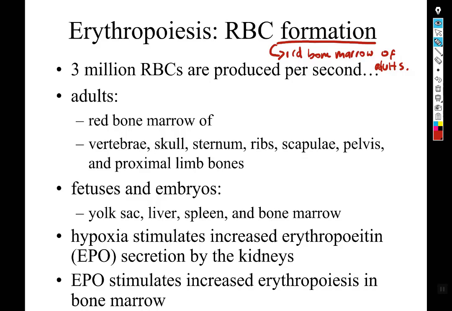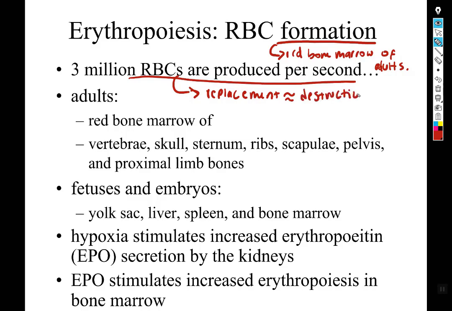So what this ends up meaning is you're replacing them at about the rate they die. So replacement should approximately equal destruction.